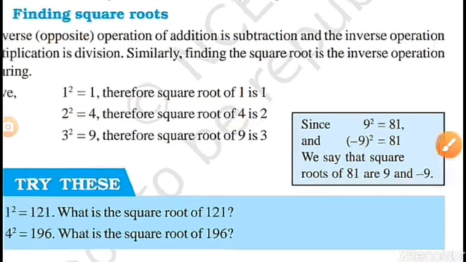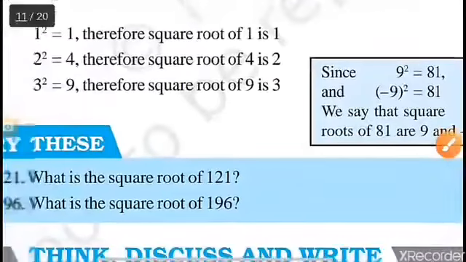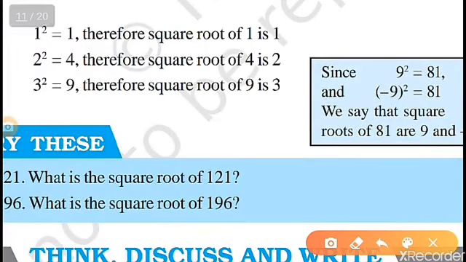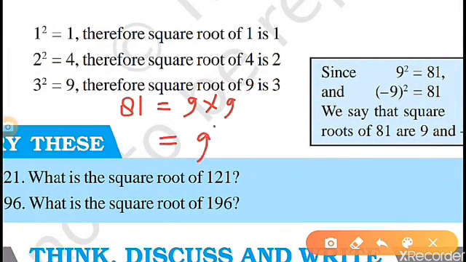What does it mean? If we say 81, it can be written as 9 into 9, or as 9 square. Both are the same.